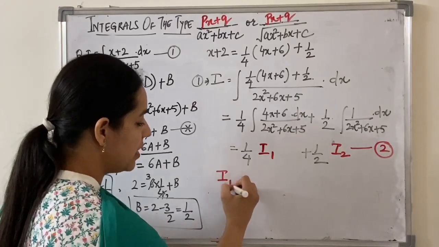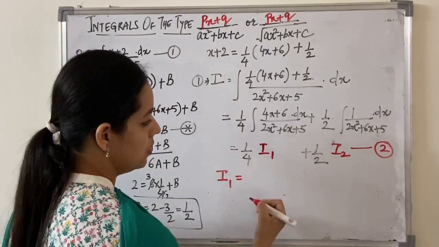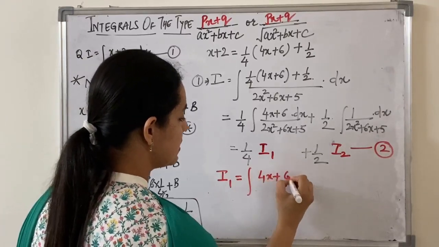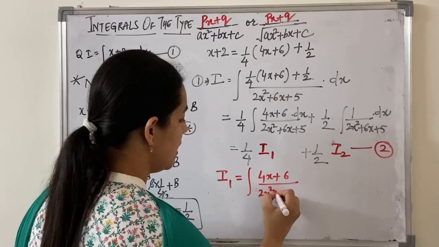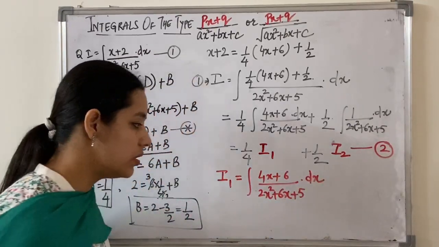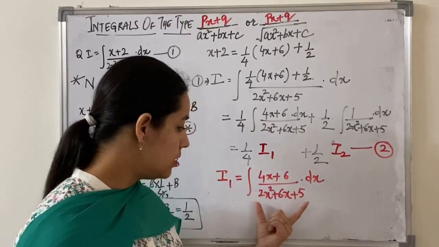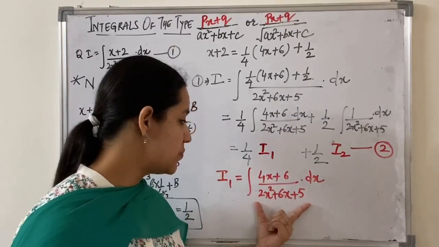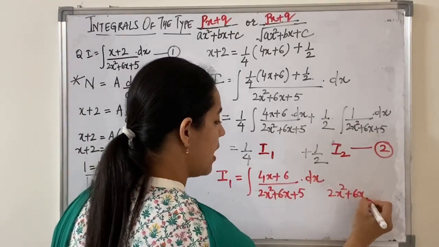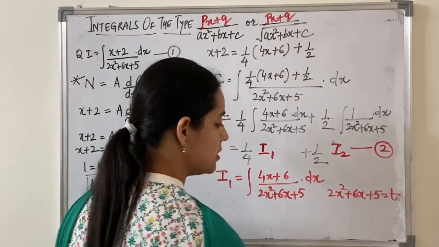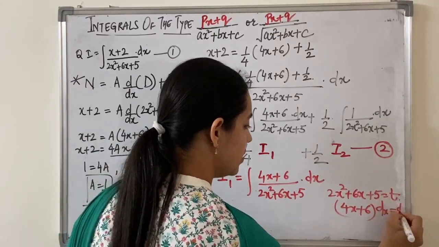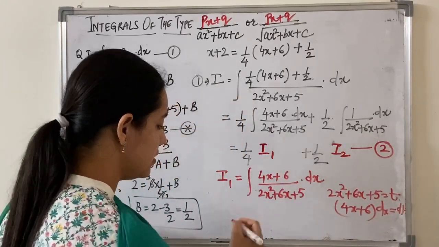So solving I1 is equal to the integral of (4x plus 6) upon (2x square plus 6x plus 5) dx. What we can do here is, you can observe that the derivative of the denominator is present in the numerator, so we can put the denominator as t, its derivative 4x plus 6 dx is equal to dt, which is already present in the numerator.